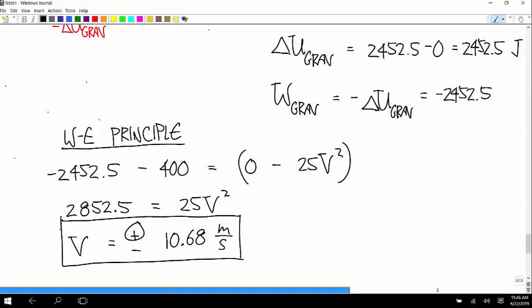You just need another way to calculate the work done by the non-conservative forces. And if you're lucky, like in this case, or anything I give you on a test, the amount of work done by the non-conservative forces would be given to you as energy, and it's just a matter of getting it in the equation with the right signs.